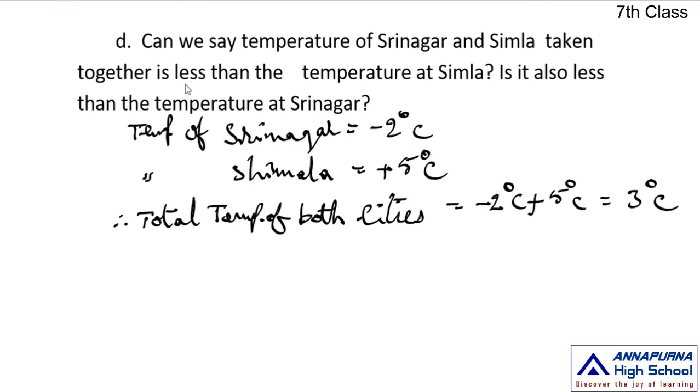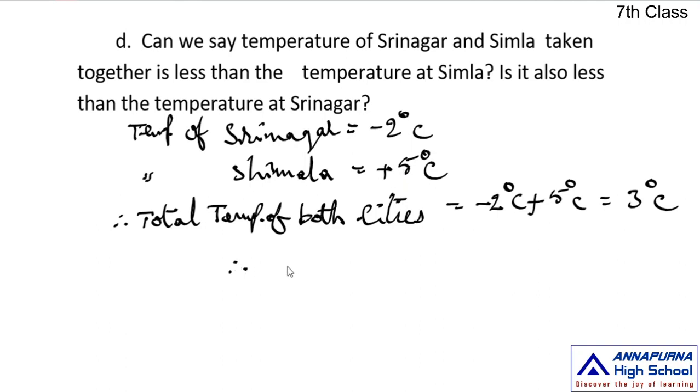Now, one more. Is this temperature, this 3 degrees centigrade, less than the temperature of Shimla? So, how can you say this? On comparing 3 degrees and 5 degrees, as we know that 3 degrees is less than 5 degrees.